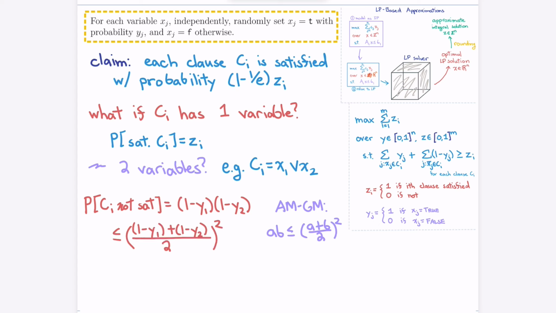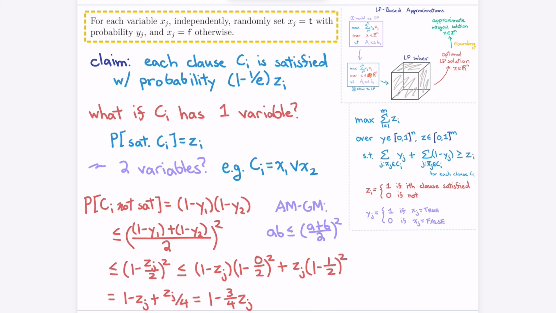So this product is at most this average squared by the arithmetic mean, geometric mean inequality. And now you start taking this. So y1 plus y2 is z_j. So I put that in. Okay. We'll have to do some convexity again.